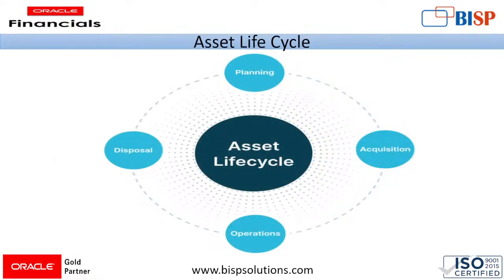Moving to the asset life cycle. The asset life cycle consists of planning, acquisition, operations, and disposal. So let's discuss the planning part. What is planning all about? Planning is the first stage of the asset life cycle. It establishes asset requirements based on the evaluation of existing assets.